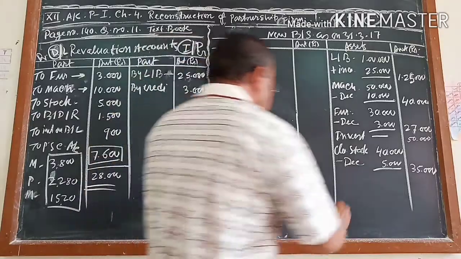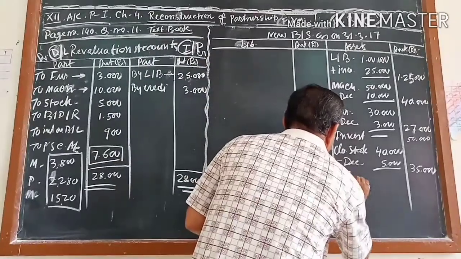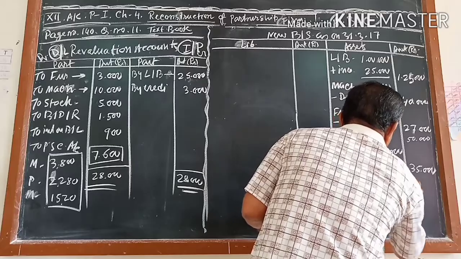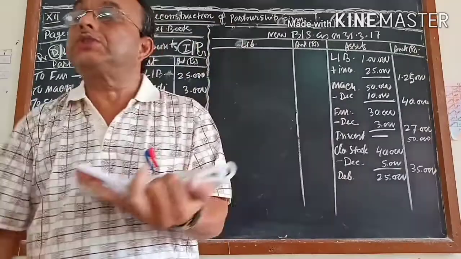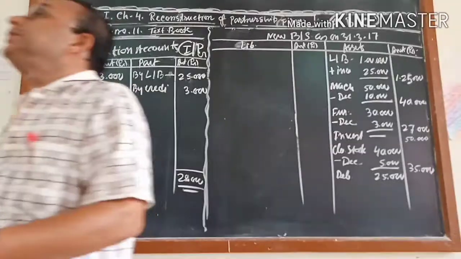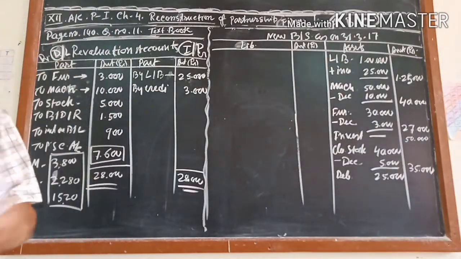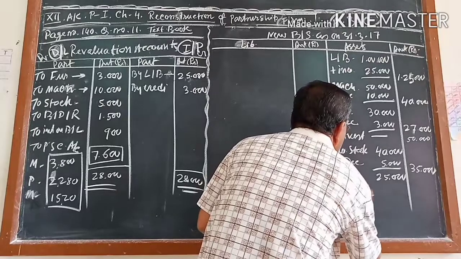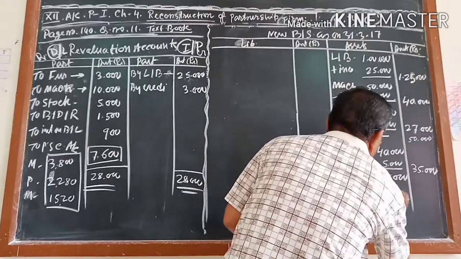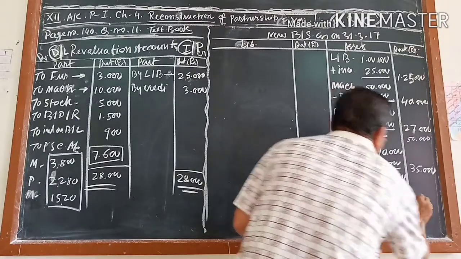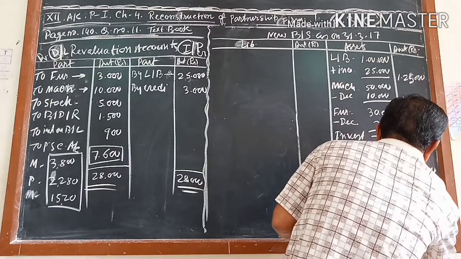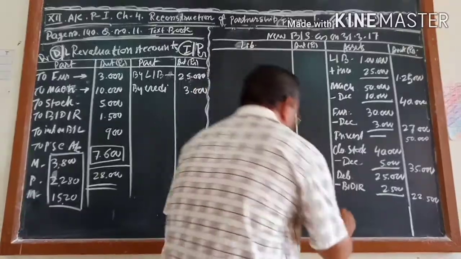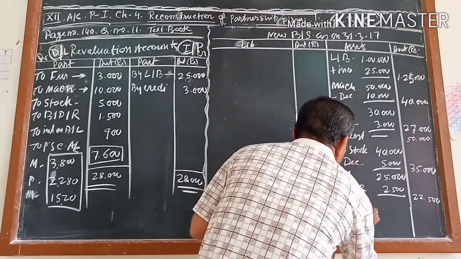Next, the debtors. Debtors were 25,000, and the old bad debt reserve was 1,000, but the new bad debt reserve became 2,500. So less BDR, how much? 2,500. If you deduct, you will get 22,500, I think so.